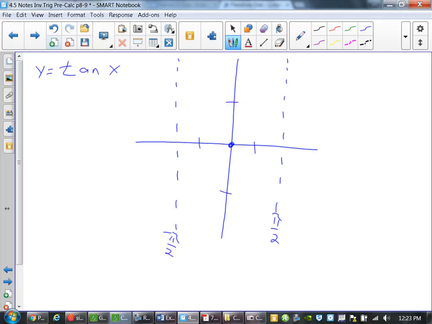And it did that, okay? Now, if you think of it in terms of cotangent then, well, what's the inverse of 0? Undefined.